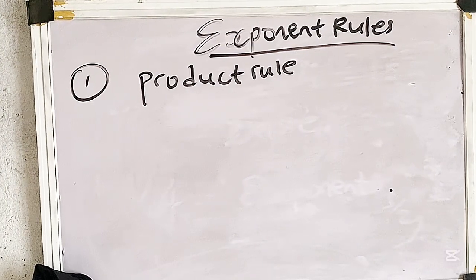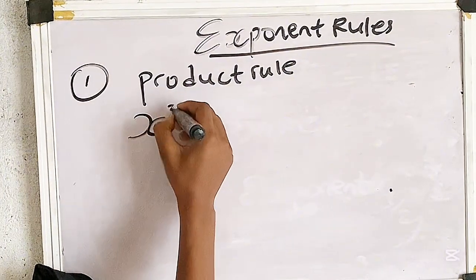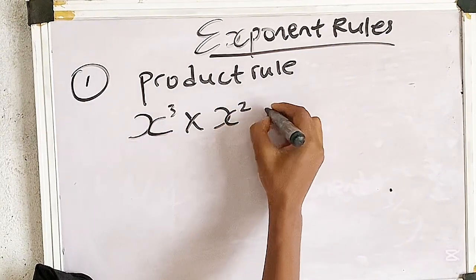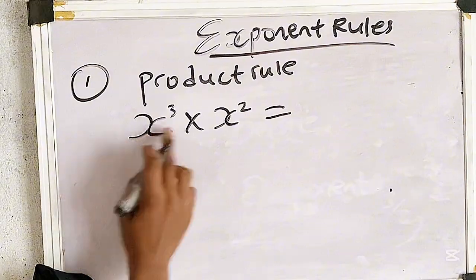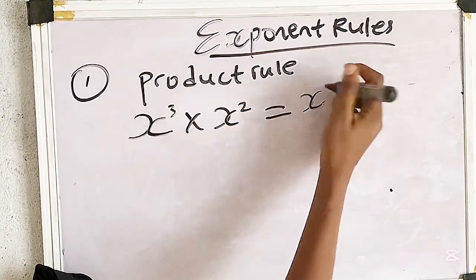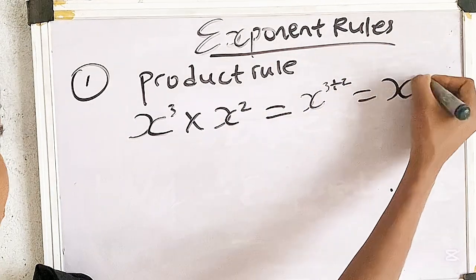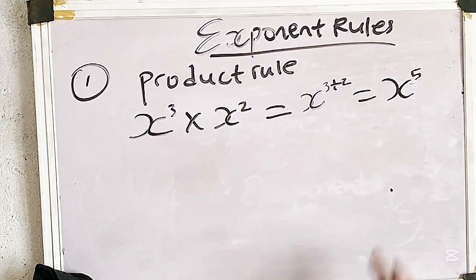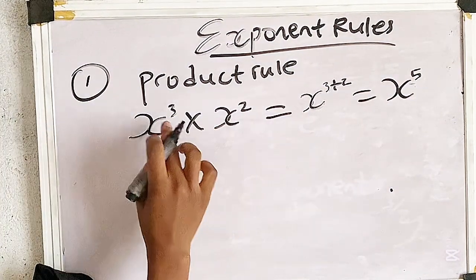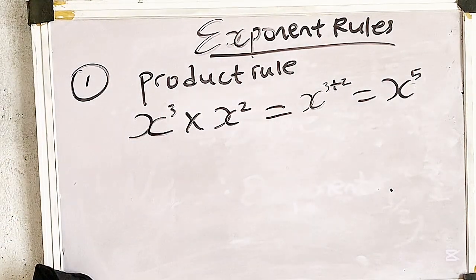When multiplying same bases, for example, x raised to the power of 3 times x raised to the power of 2, you add the exponents, 3 plus 2, which gives us x raised to the power of 5. So when multiplying same bases, you add the exponents.